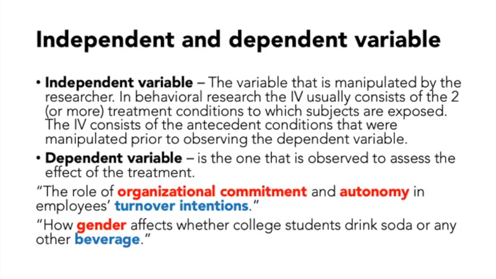Now, in addition to that, I think I briefly mentioned last week independent variables and dependent variables. Independent and dependent variables usually come in experimental research. If you want to find cause and effect of something, you have to do experimental research.